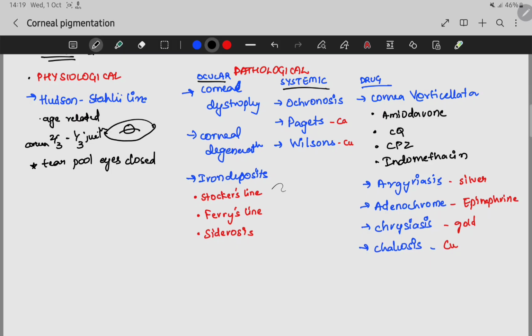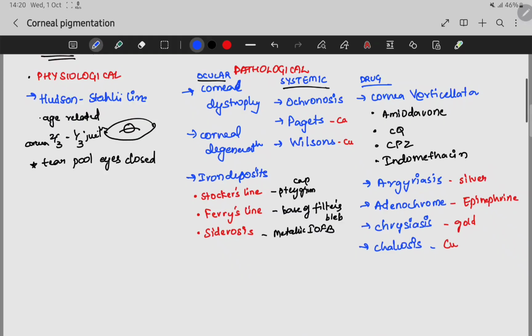So Stocker's line occurs in case of a pterygium. It is also called Stocker-Busaca line. So this is seen at the cap of pterygium, whereas the Ferry's line is seen at the base of a filtering bleb after trabeculectomy, and siderosis is seen in metallic intraocular foreign body which is retained inside the eye.